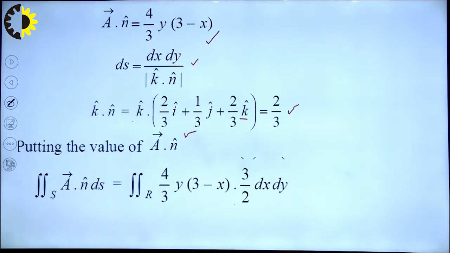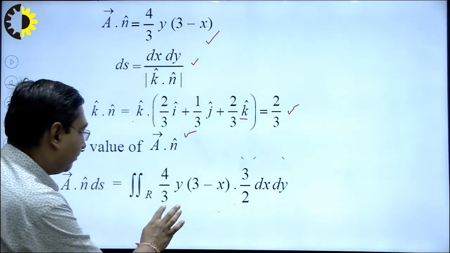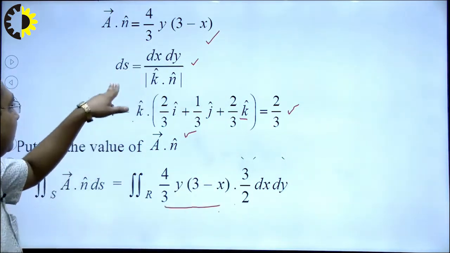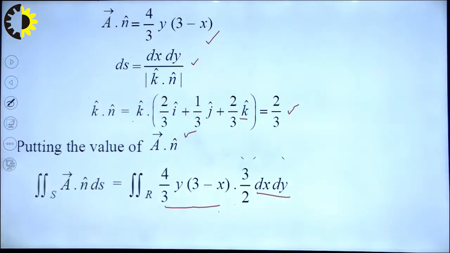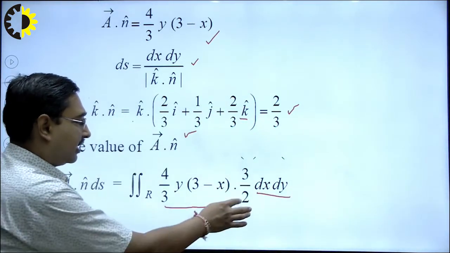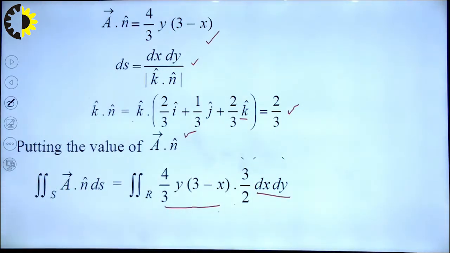Now, a dot n is calculated, ds is calculated. So, the integral over S a dot n ds will take this form. This is the value of a dot n. ds is dx dy upon mod of k dot n, and this 2 upon 3 will occur in the denominator, and this 3 is shifted to the numerator to obtain this expression.